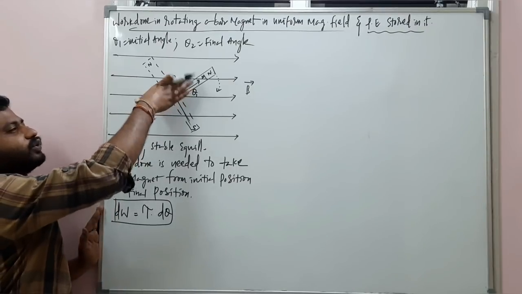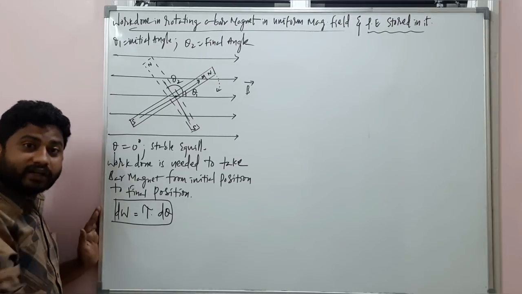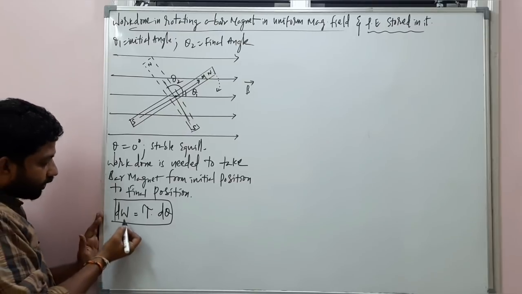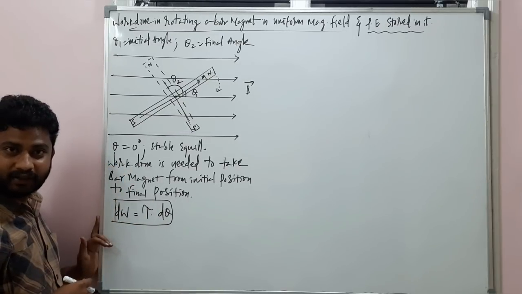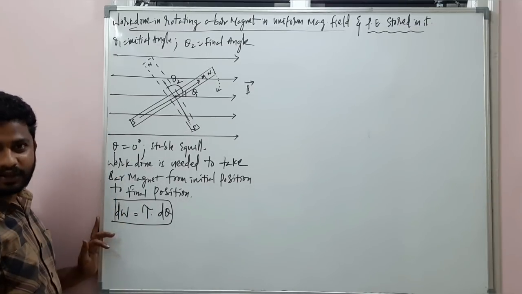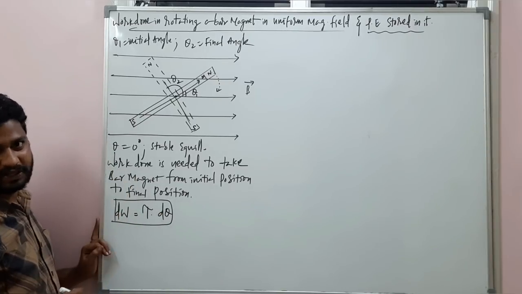The bar magnet is rotating in this way about this axis of rotation. That's why in rotatory motion, what is the analog of work done? So W is equal to torque into angular displacement. Previously it was work is equal to force into linear displacement. Here W is equal to torque into angular displacement.